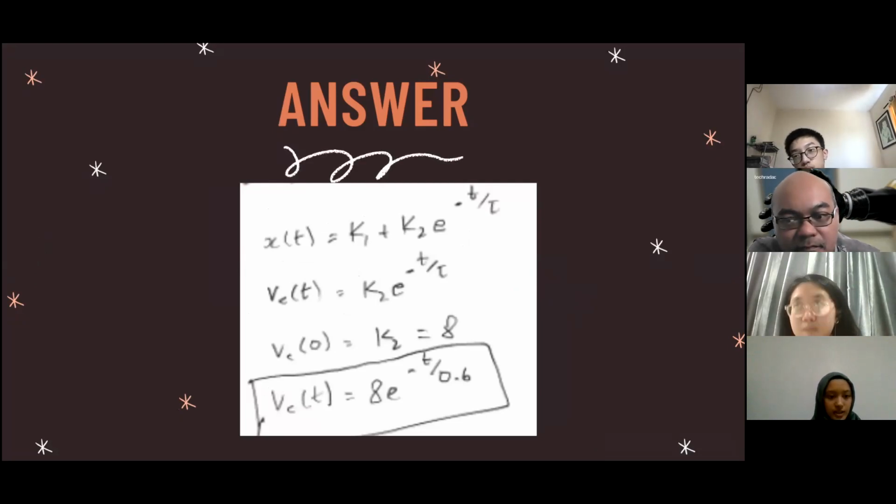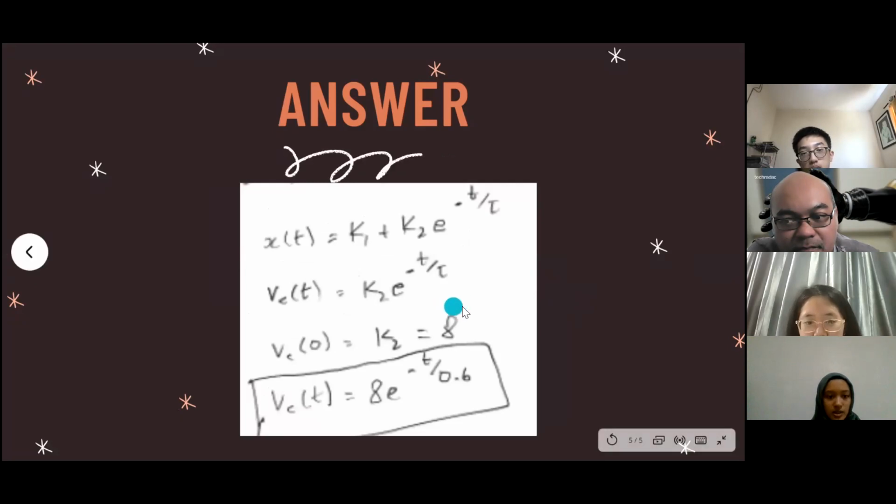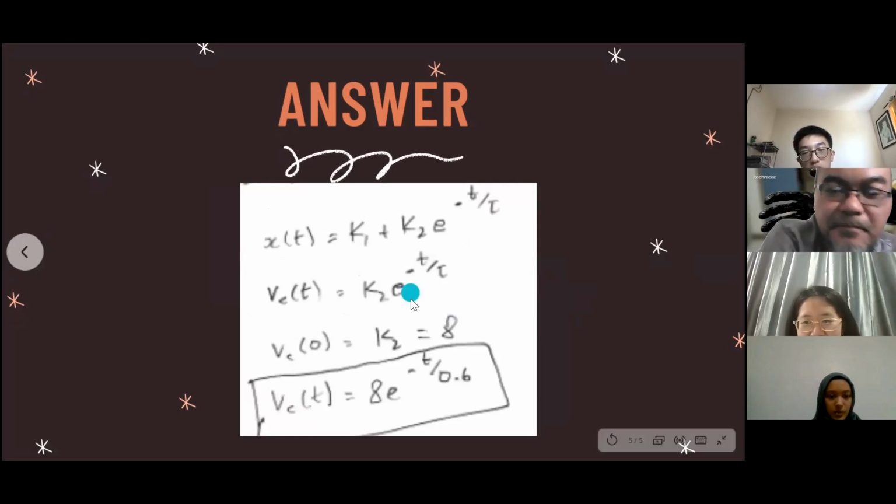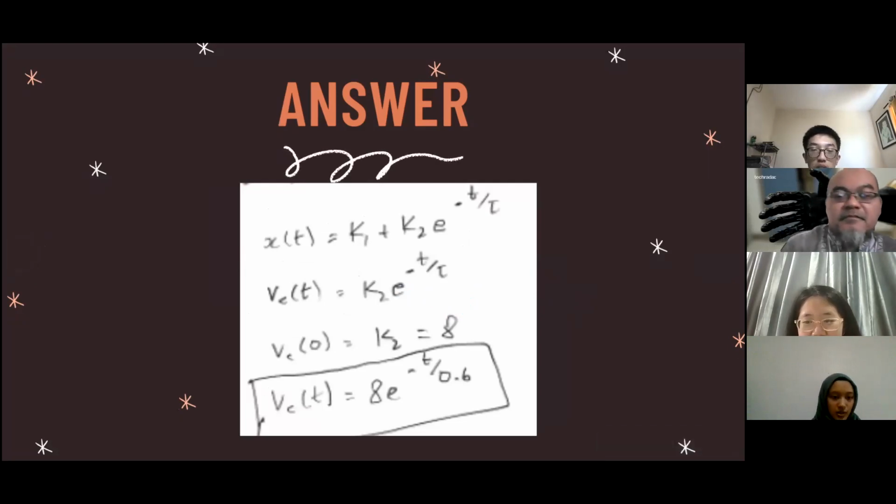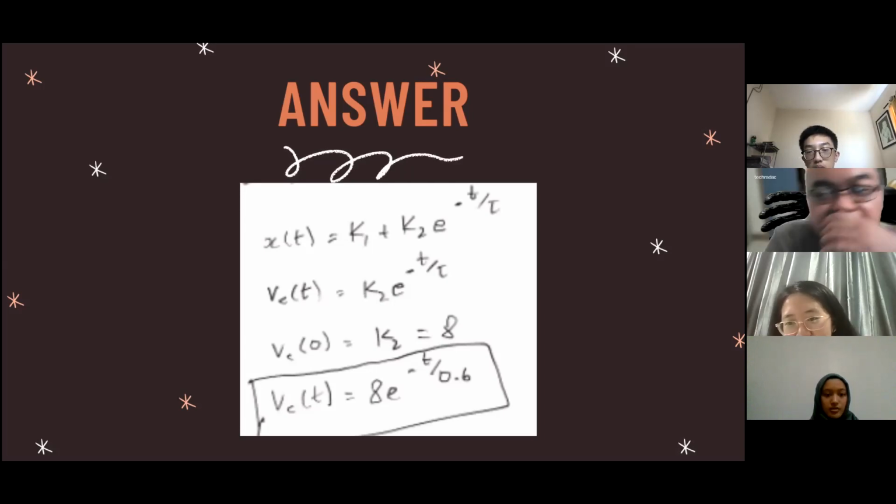Since we're looking for VC(t), we replace x(t) with VC(t), and since K1 equals 0, we are left with K2 times e to the power of -t/tau. K2 equals VC(0), which we found was 8. So VC(t) equals 8 times e to the power of -t/0.6.